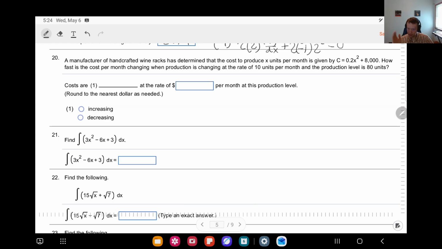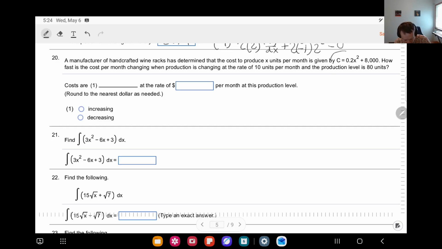Okay, so this is a related rates problem because we're asking about a rate and we have two variables involved, C, the cost, and the production level, x. They're going to have a relationship with each other. They're derivatives. So time t is the main variable here.